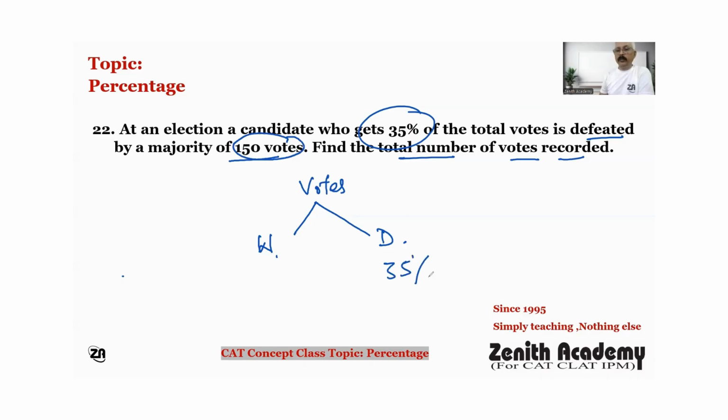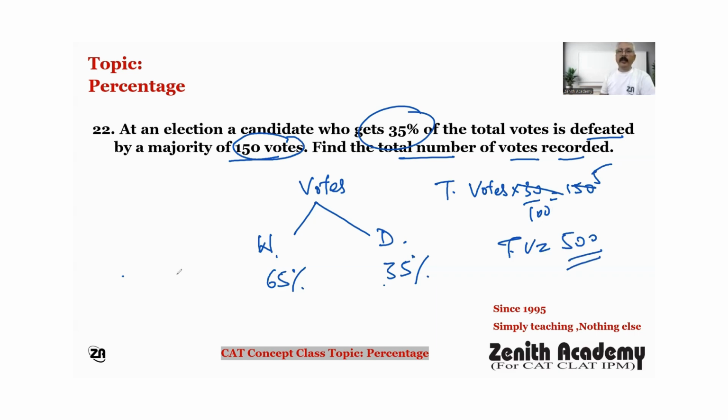He gets 35% vote. तो obvious है कि जो विनर होगा उसको 65% वोट्स मिलेंगे. तो 65 परसेंटेज पॉइंट एंड 35 परसेंटेज पॉइंट दोनों का डिफरेंस कितना है? 30 परसेंटेज पॉइंट. एंड यू नो 30 परसेंटेज पॉइंट इज 30% ऑफ द टोटल वोट्स. सो टोटल वोट्स का 30% होगा, दैट इज इक्वल टू 150. So the total vote is equal to 500, right?